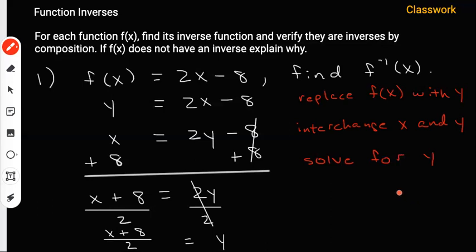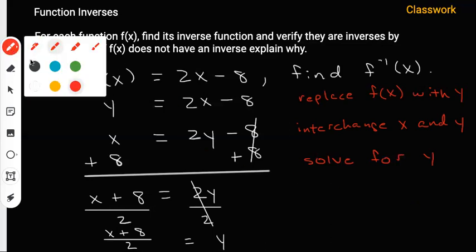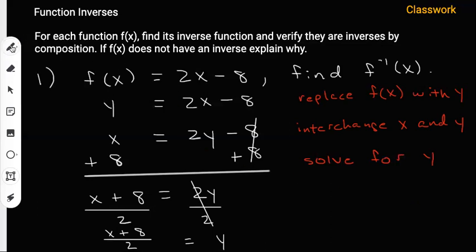So now the last thing that I need to do, my fourth and final step, is to replace y with f negative 1 of x, which is way up here. So I'm going to replace y with an f negative 1 of x. And that just means inverse of f, my inverse function.